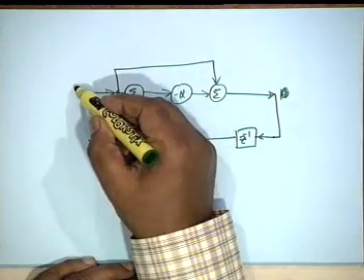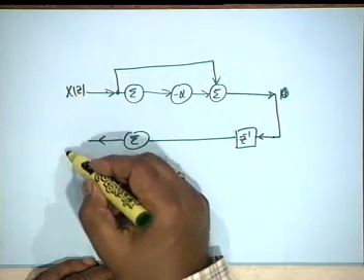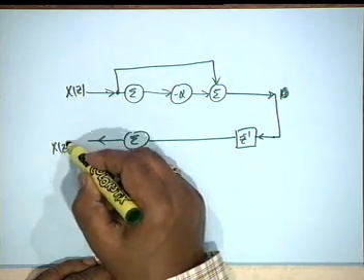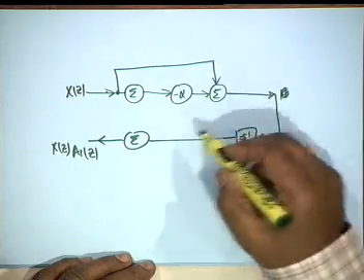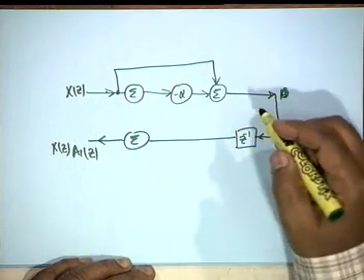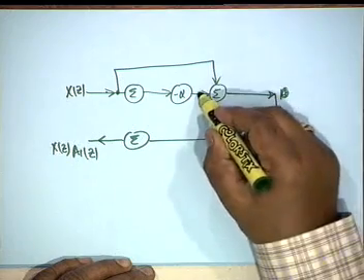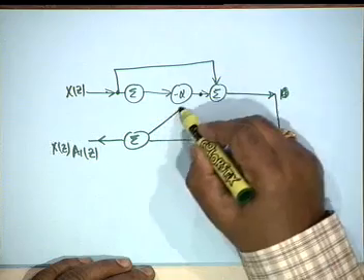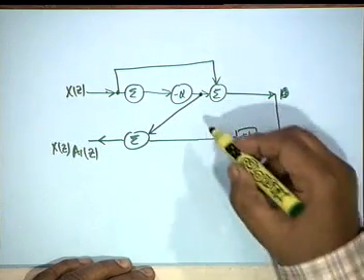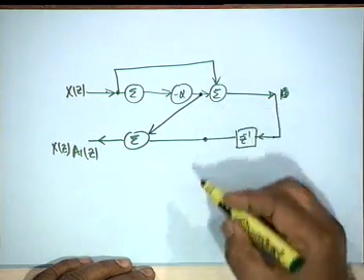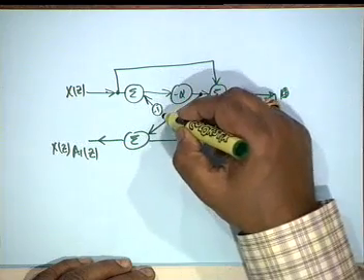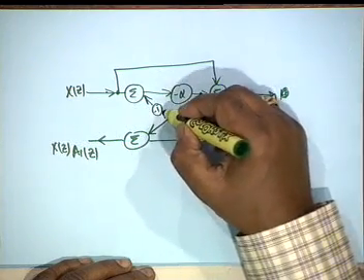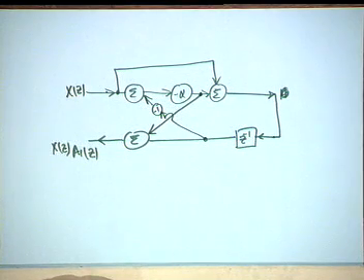If this is X(z), then this is X(z) A1(z). I have not shown the crisscross ones. This output comes here, and this goes here with a multiplication of -1. Yes, very good. With a multiplication of -1. This is the single multiplier lattice structure.